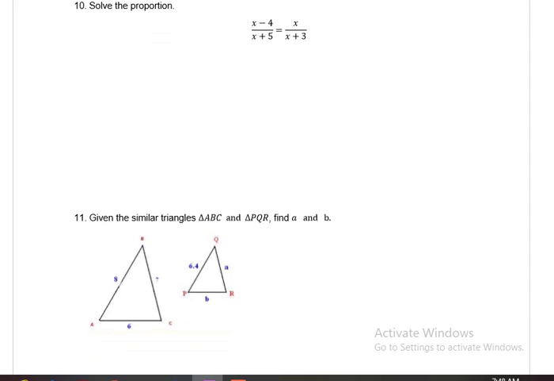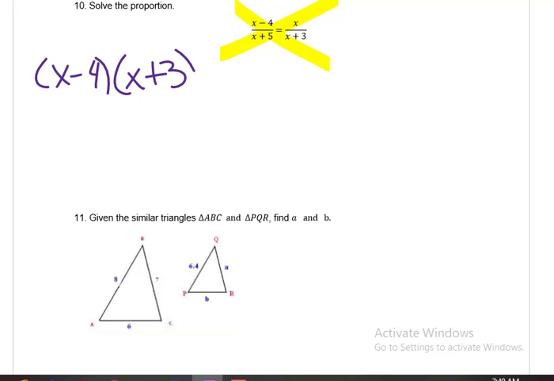Number 10, solve the proportion. For this proportion, I will multiply the means times the extremes. So that looks like x minus 4 times x plus 3 is equal to x times x plus 5.